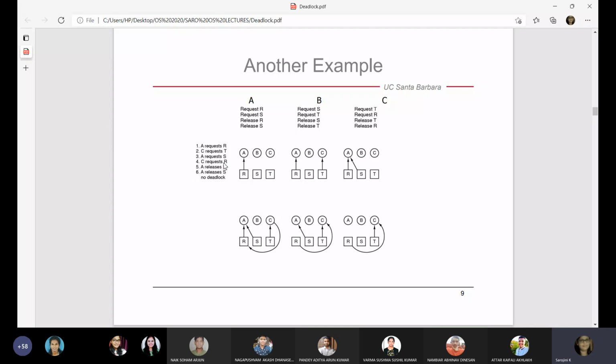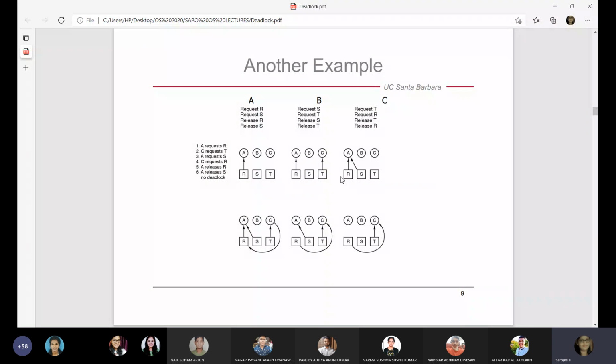C is requesting R, but it cannot be allocated because R is currently with A. So C will go to the waiting state. Remember, C is waiting to use R.